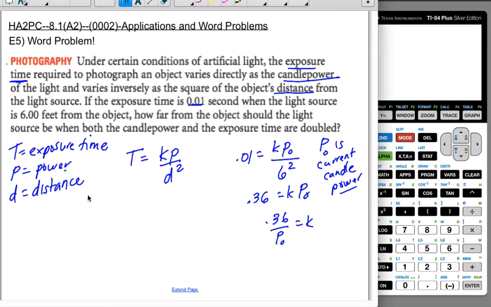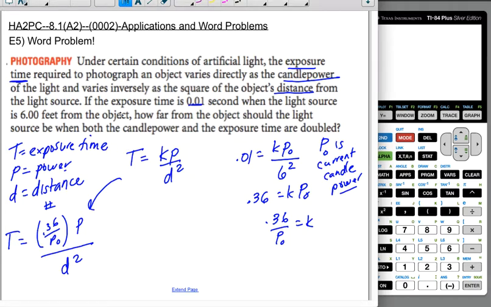So there's my constant K. That means my equation is T equals K, sorry, that's not my K, my bad. My K is 0.36 over P naught, times whatever the power is of the new candle location. So 0.36 over P naught is a number, all over D squared.